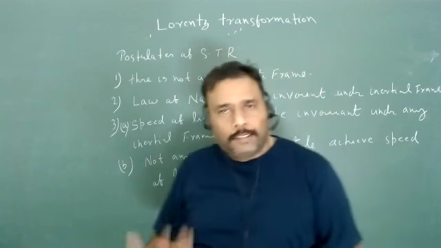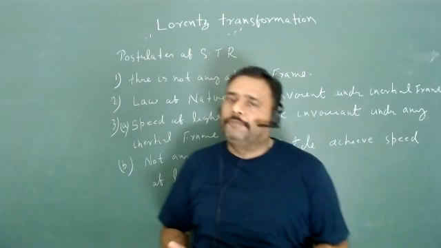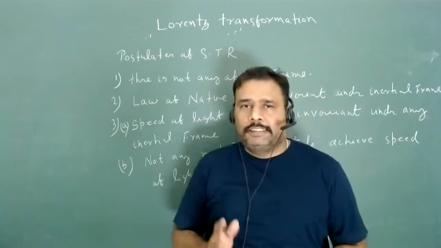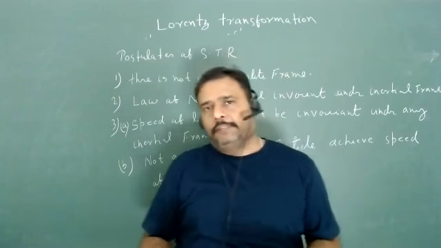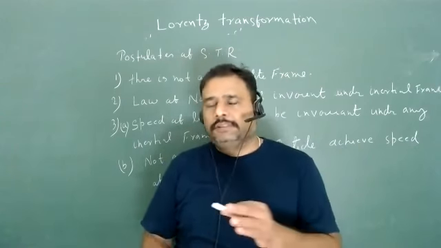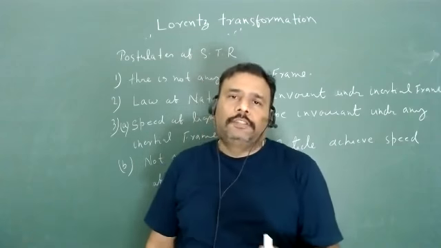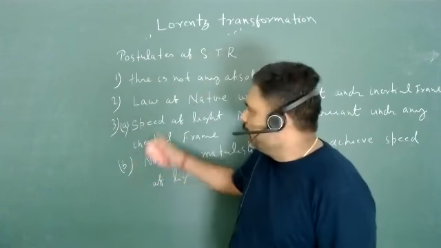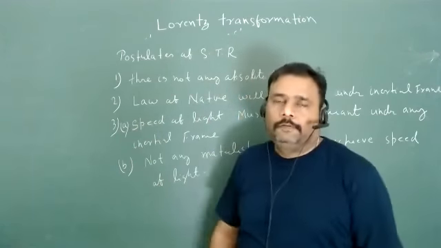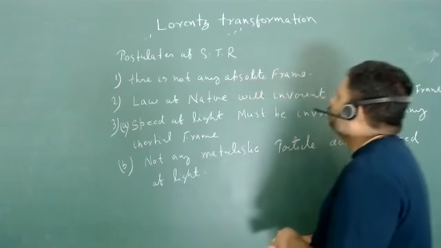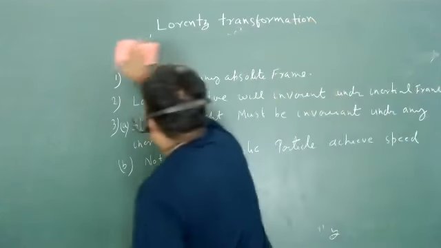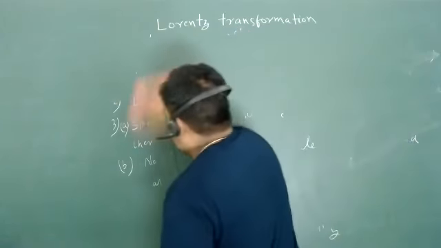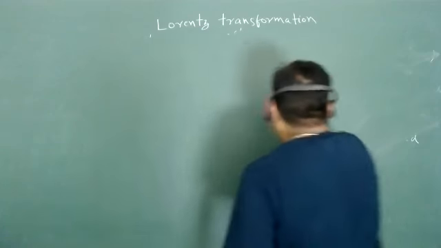So let's go for the Lorentz transformation, its understanding and formulation, and we will try to explain how the Lorentz transformation explains this third postulate. So let's see what the nature of the Lorentz transformation should be.